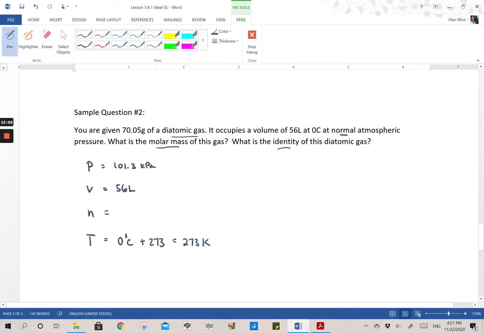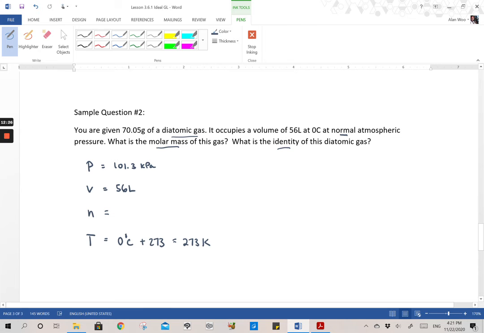N. Well, you have 70.05 grams. Without actually knowing what the diatomic gas is, I cannot figure out the molar mass, so I cannot convert this mass into moles.